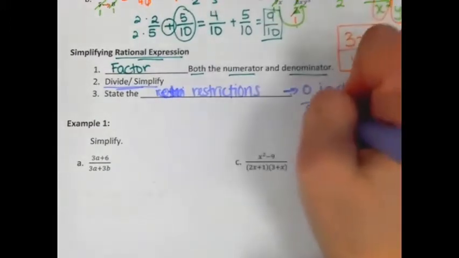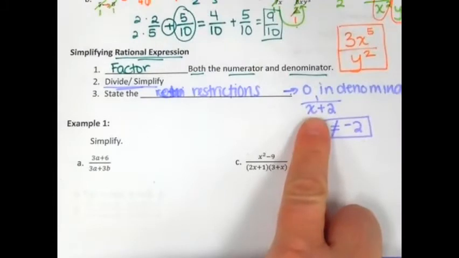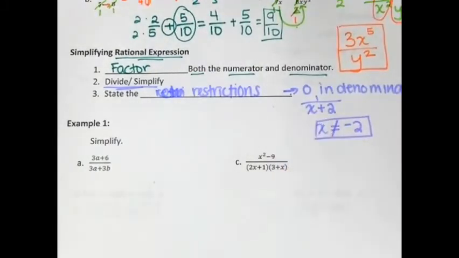Negative 2. X could not equal negative 2. Because if x equaled negative 2, wouldn't my denominator be 0? Yes. Okay. So we're going to simplify 3a plus 6 over 3a plus 3b.